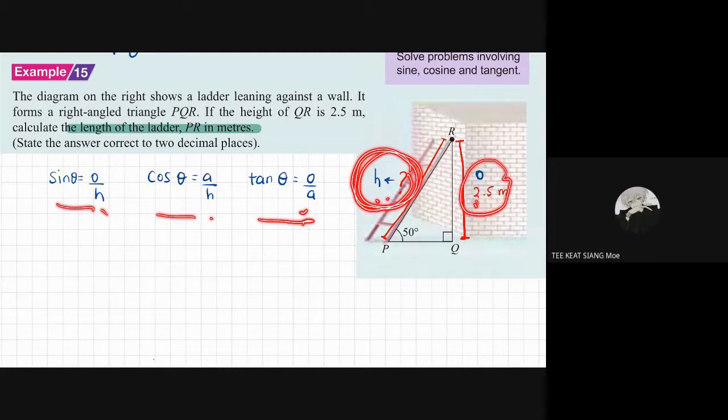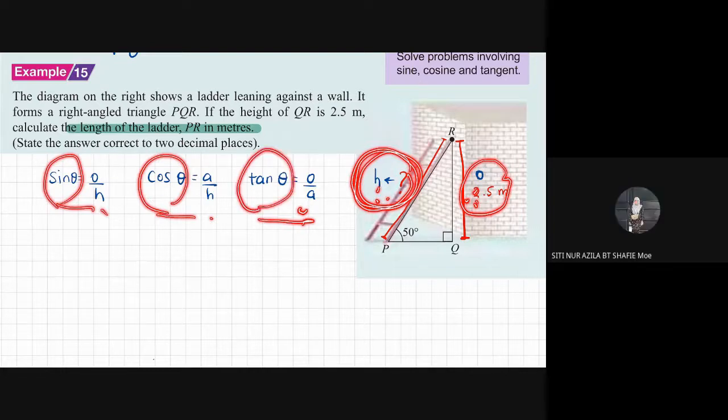Teacher, I think it's tan. Look carefully. We have O. I'm going to repeat this again. We have O, and then we want to find H. Which formula? Sin. Okay, good, correct.